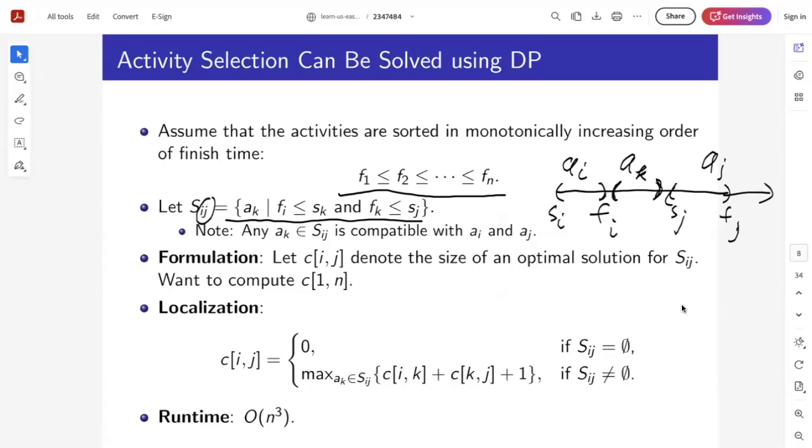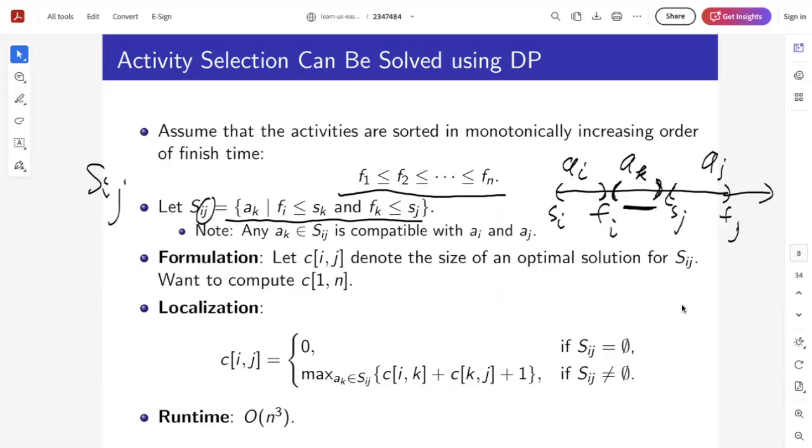And even in this case, you may not have a_k in between if this condition is not met. So this S_ij is all the compatible activities with a_i and a_j.